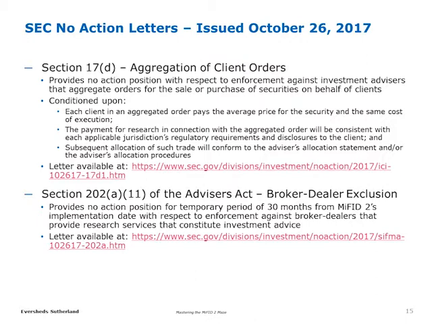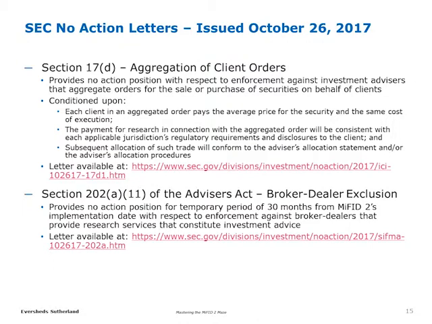The SEC has permitted that practice for some time, as long as clients who participated in an order shared in the transaction costs on a pro rata basis. And of course, there were other conditions. What MiFID raised is the possibility that investment advisors would be violating SEC law when they executed aggregated orders, because within those orders, you could have clients that have multiple arrangements with respect to how they pay for research.